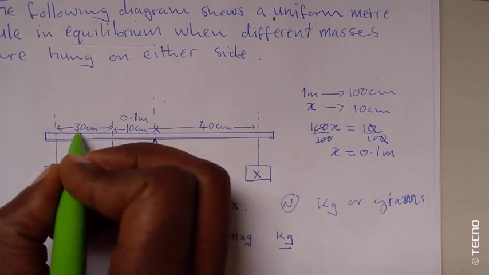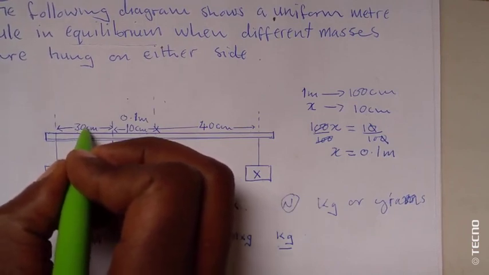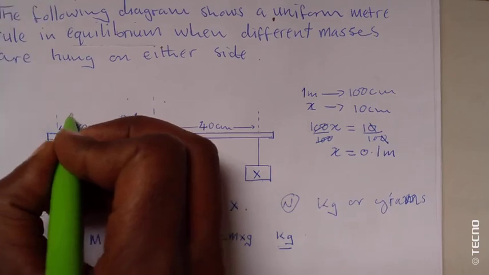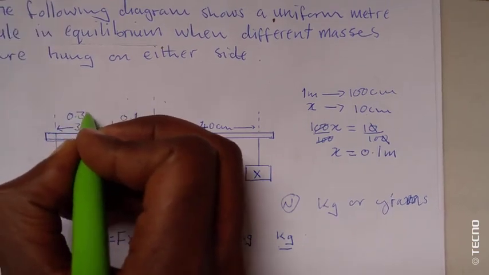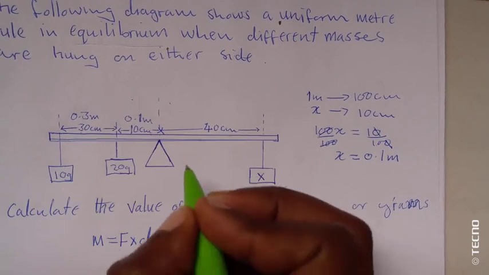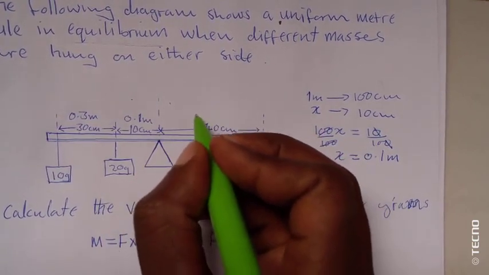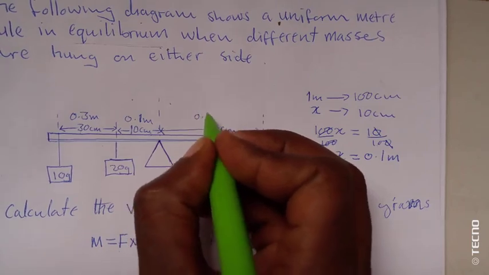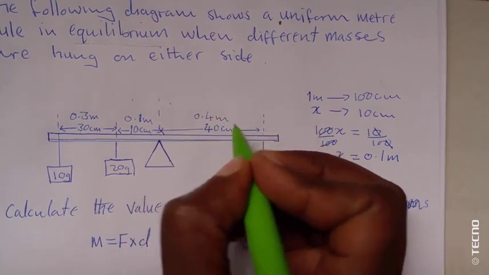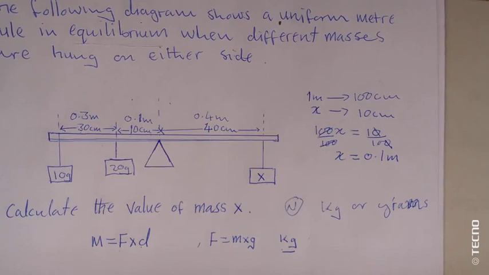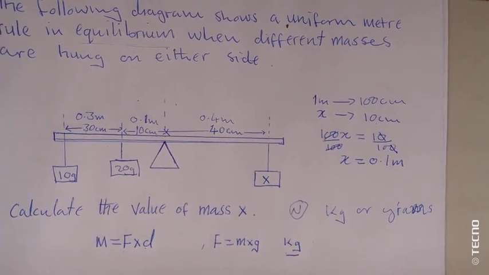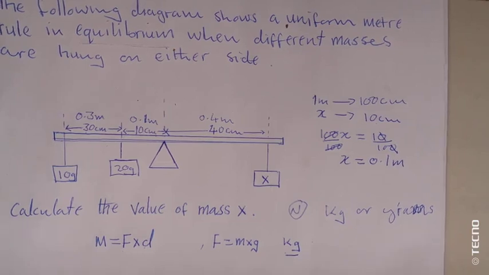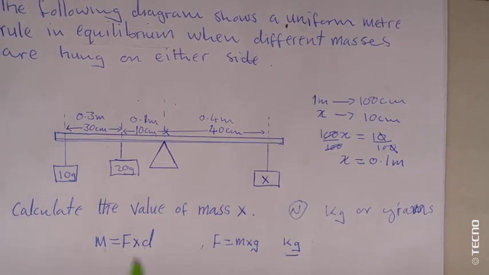Dividing by 100 again, you are going to have 0.3 meter. Then there again, you are going to have 0.4 meter. Hope I'm clear on the conversion of distances from centimeters to meters. So for distance, you are done.